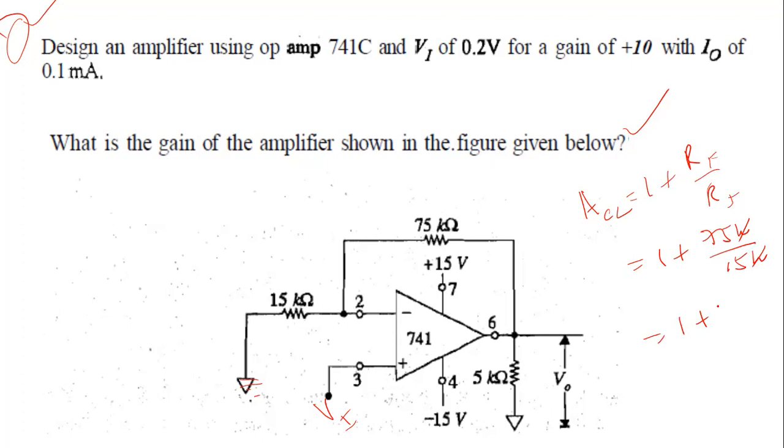If you look at the resistors in the circuit, you can simply calculate the gain. This will have a gain of plus 6.